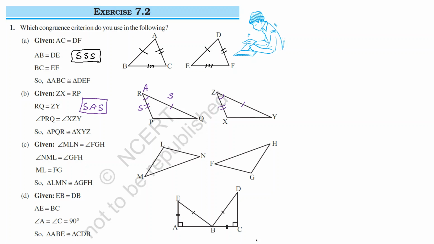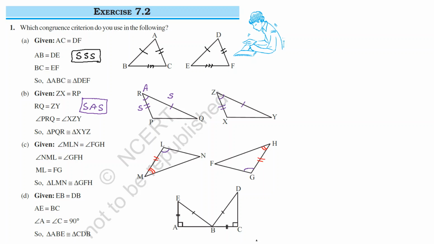Moving on to part C, it is given that angle MLN, that means this angle, is equal to angle FGH, that means this angle, and then it is given that angle NML, this angle, is equal to angle GFH, so it is equal to this, and then it is given that ML is equal to FG. We are also given that this is equal to this.